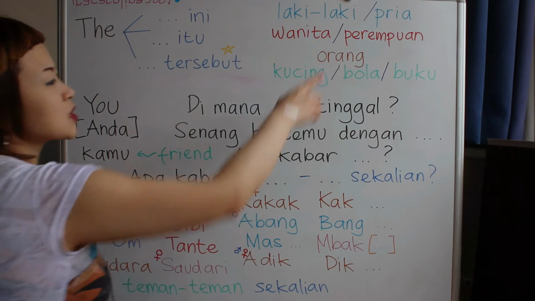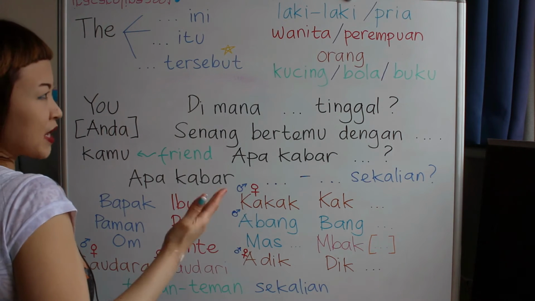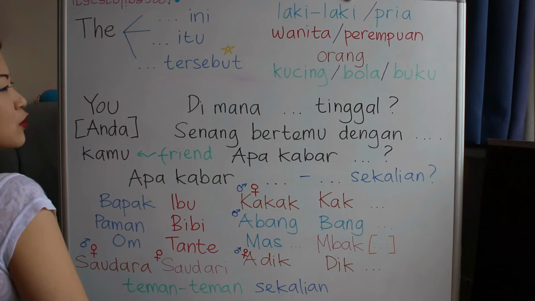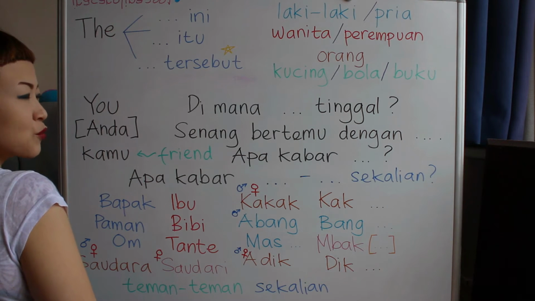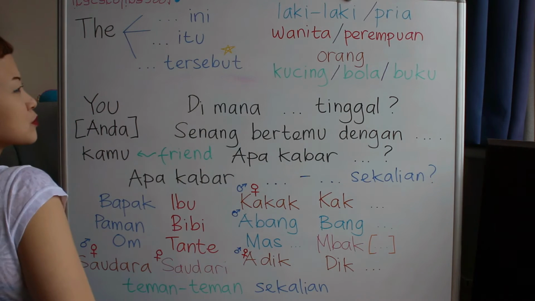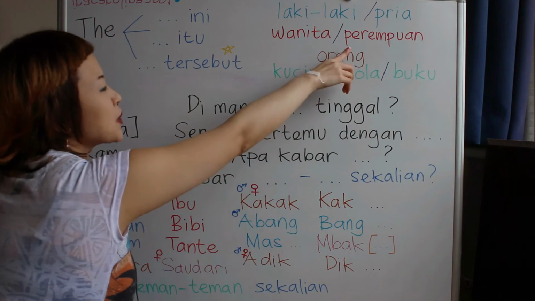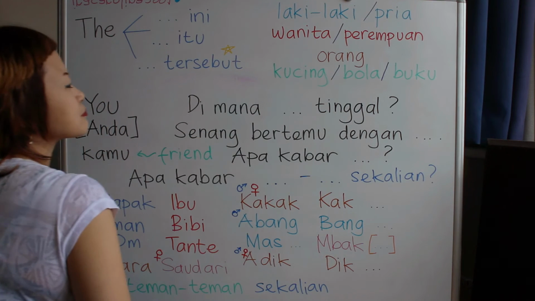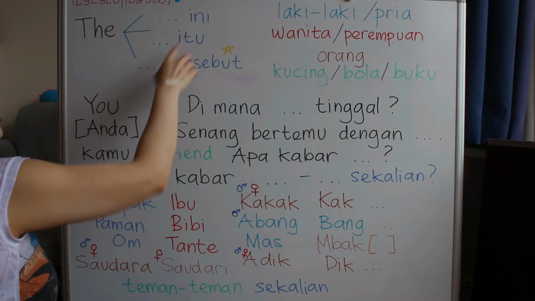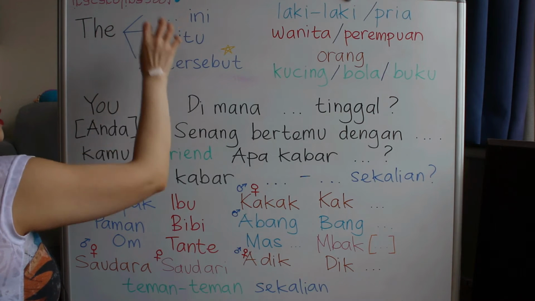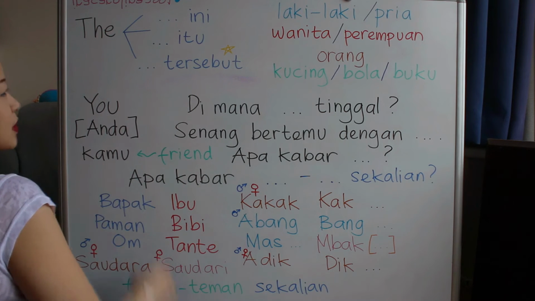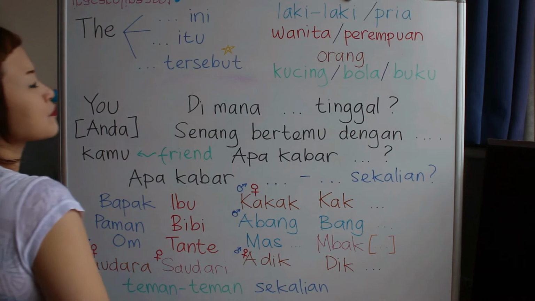Or you can choose pria, man. If we want to say "the woman", we use wanita or perempuan. Of course, we put it here because we use ini, itu, or tersebut just to say "the".